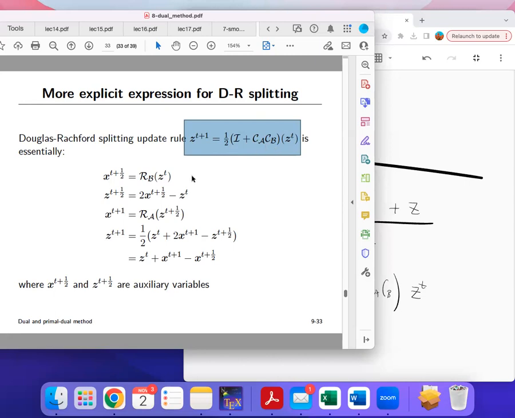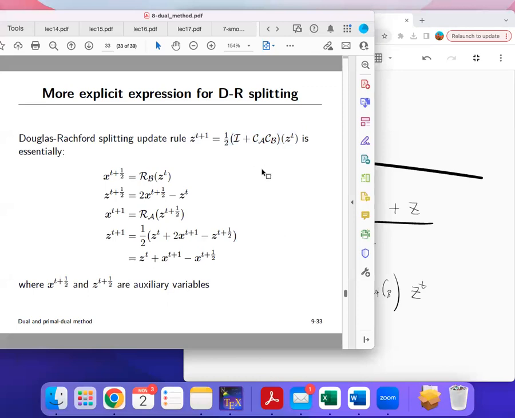We need to explicitly write down all the small steps in order to implement this update rule. Okay? Many of the steps are to basically calculate these two operators, because each of them is 2 times the resolvent minus identity.